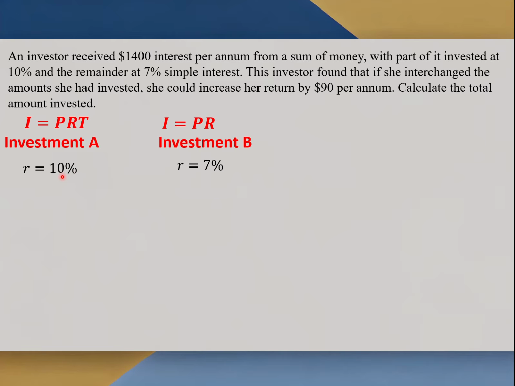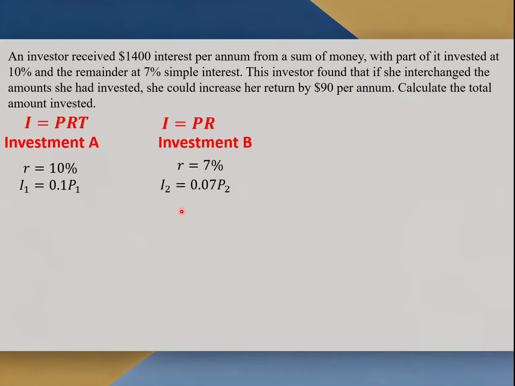Now, we don't write it as a percentage, we'll write it as a decimal, which will be 0.1 for 10% and 0.07 for 7%. Just make sure when you're writing it that we are creating a P1 and a P2 because they will be both different amounts because we don't know what those are yet.